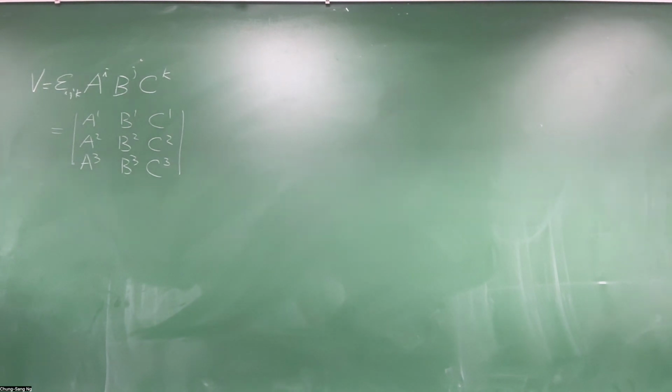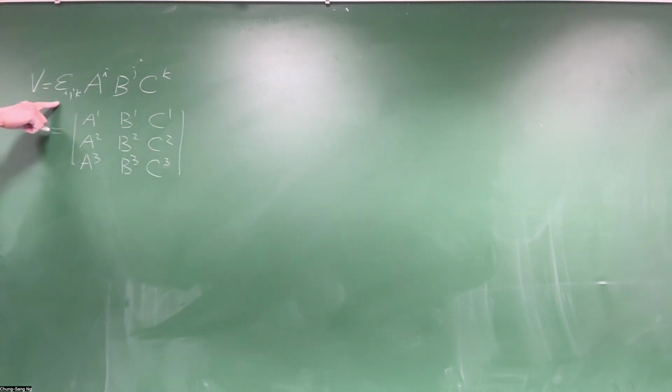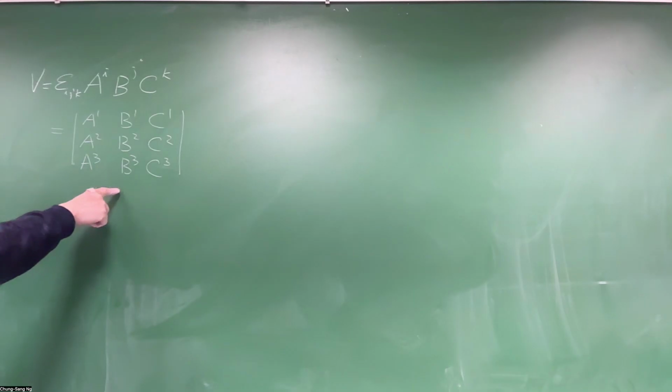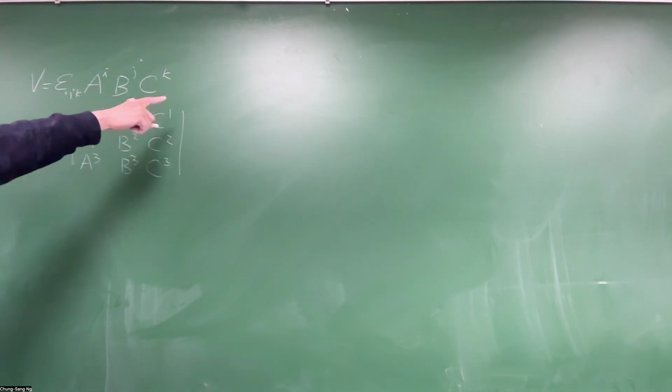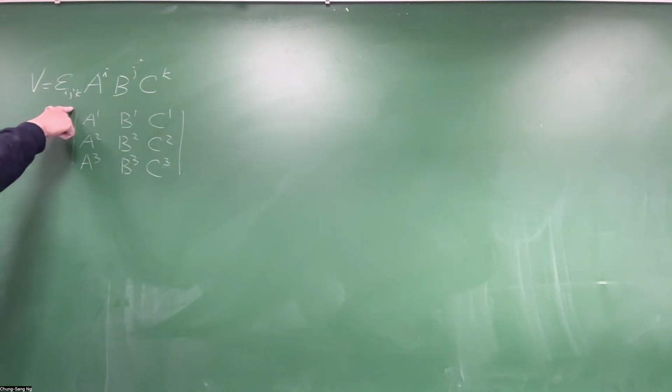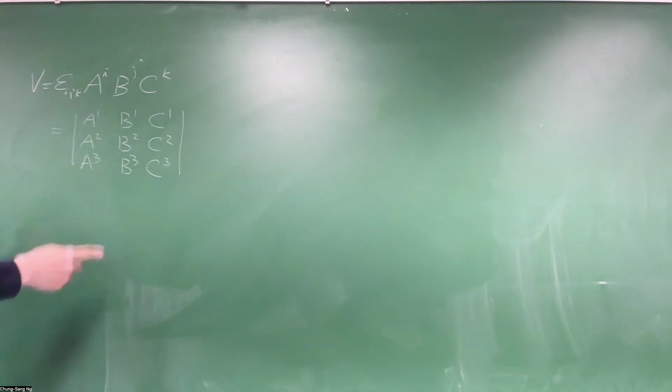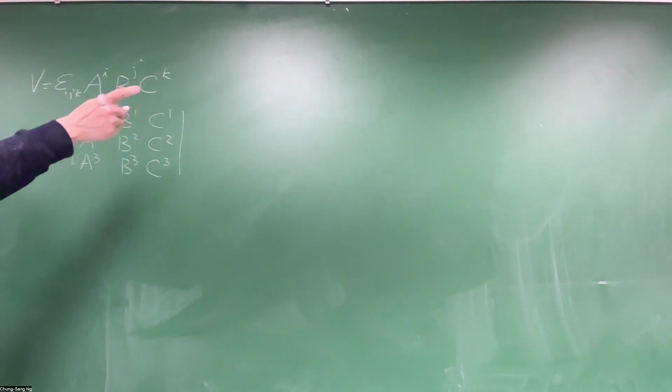And you check that it's the same as this one, because this involves all the summations where the i, j, k are different. So it's exactly the same as what we defined as a determinant that we just talked about.